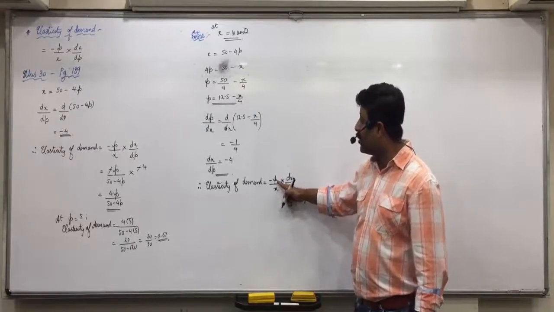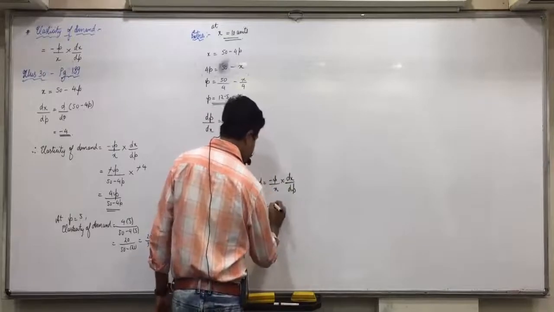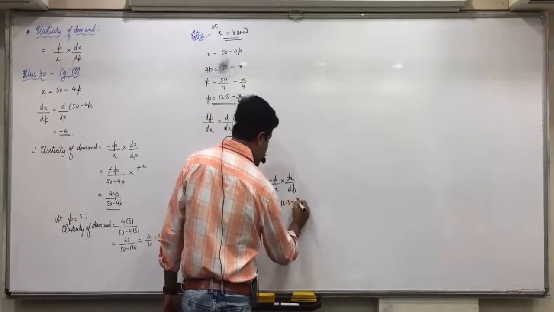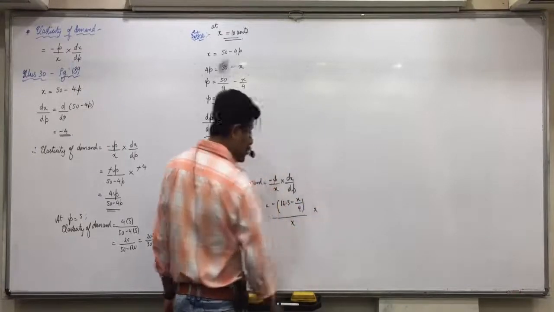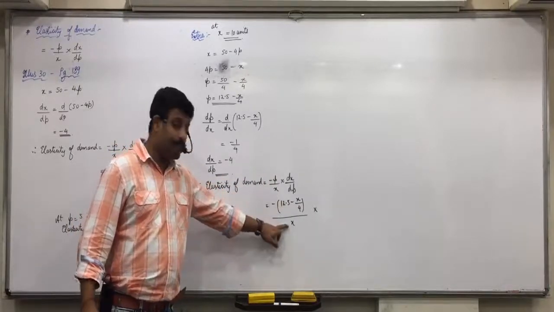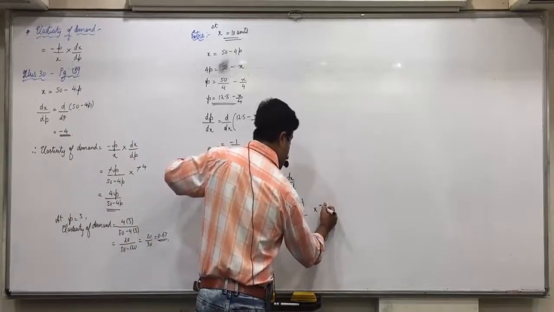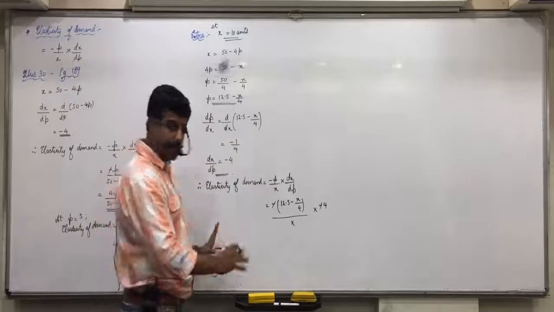In p we will substitute 12.5 minus x upon 4. So minus, bracket, 12.5 minus x upon 4, upon x, into, upon x, what is dx upon dp? Minus 4. So minus gets cancelled. Remaining, keep it as it is. Don't simplify.